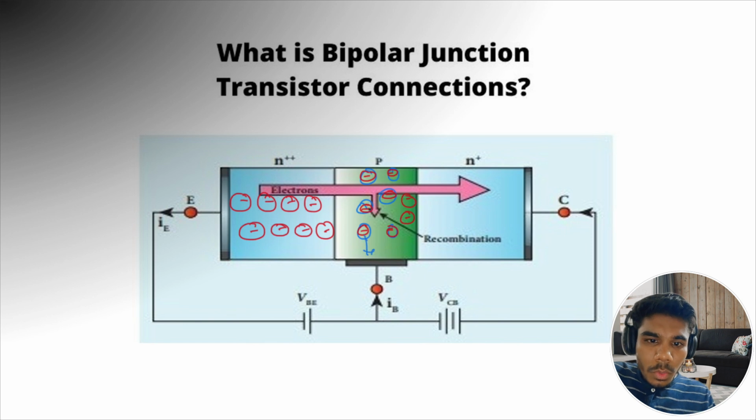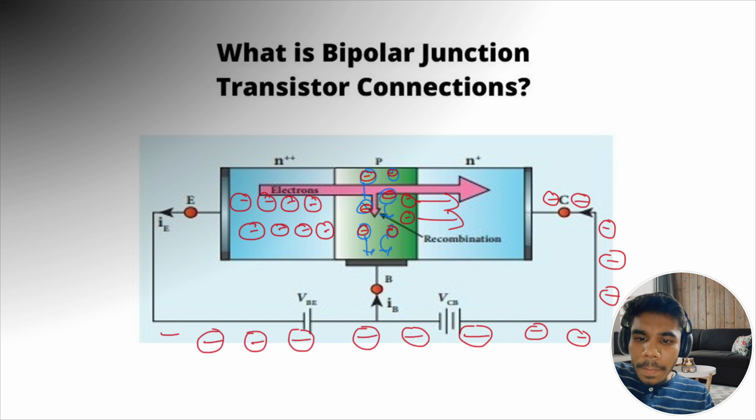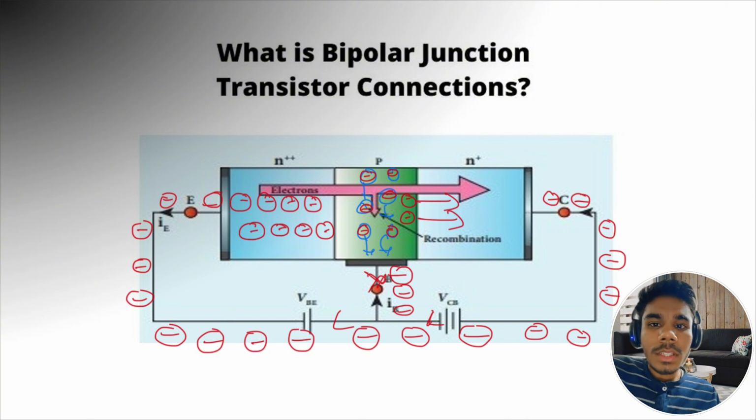The recombined ones will flow from this to this, and the electrons will move to the collector region. Then the electrons will move to this side and get to the emitter, and from here they also move to this side and move to the collector. And this is how the whole process works. So this is how the flow of electrons in a BJT works.